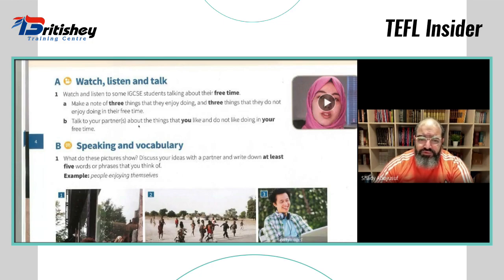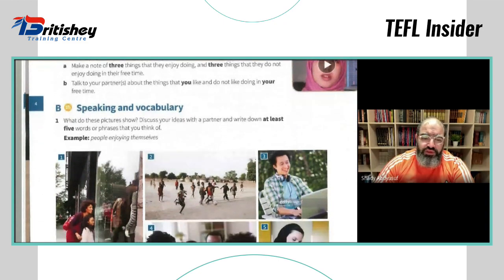Talk to your partners about the things that you like and do not like doing in your free time. So obviously that's a discussion activity. This is one that you can take as a screenshot and put it under the discussion section, right? Then let's move.